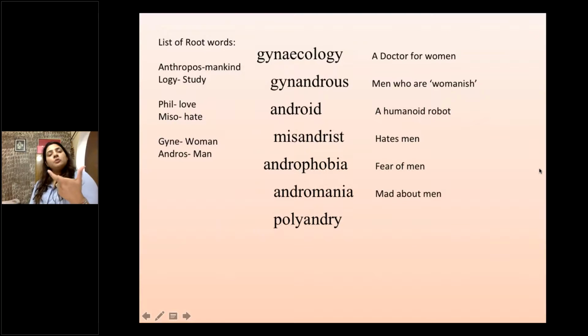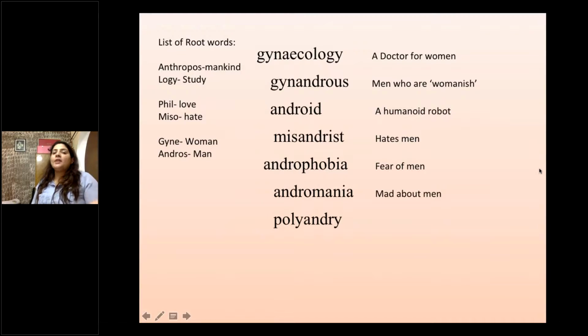So poly is a root word which means many. Andry is a root word which means men. So what's polyandry? Poly means many, andry means men. So it's a practice where a woman has a lot of husbands, a lot of relationships. So many men relationships, many men interactions.